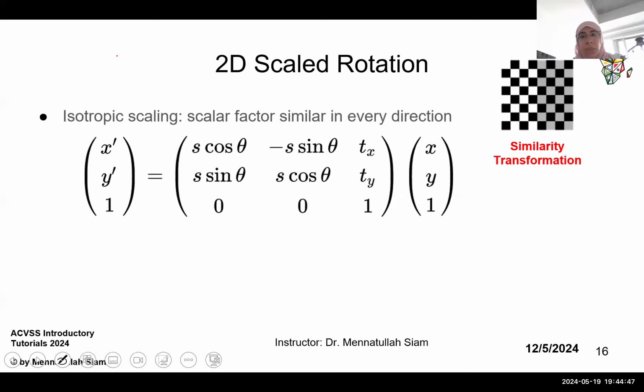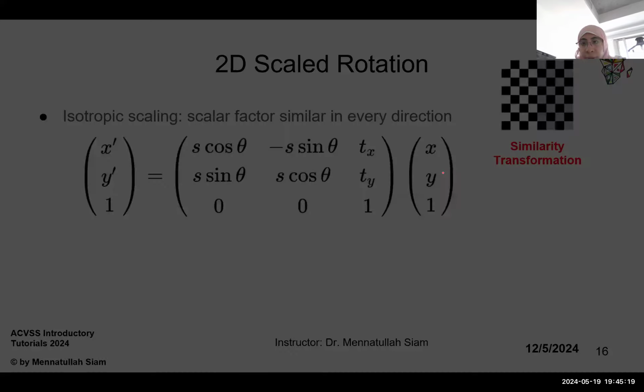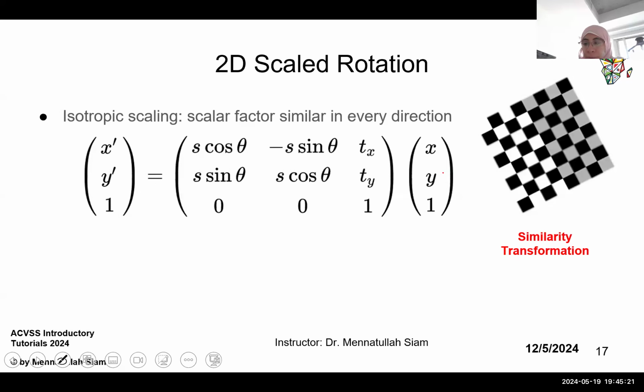There is another 2D transformation called similarity. With similarity, not only are we doing rotation and translation, but we are also trying to scale. So we're changing the size, but we're changing it uniformly across X and Y. So it's called isotropic scaling. The term isotropic indicates that it is the same scaling factor in both X and Y. So here, this is a form of similarity transformation.